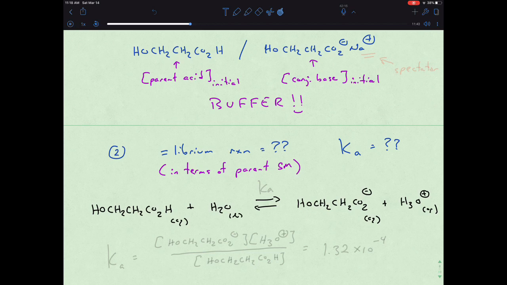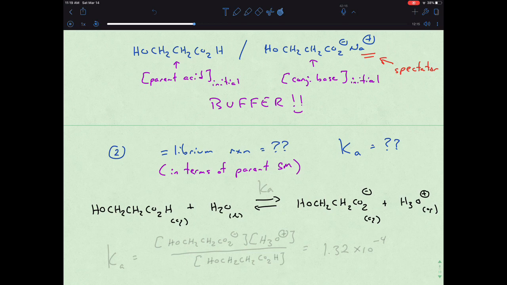Remember here that the sodium is really just a spectator ion. It's not doing anything in terms of pH. It's just along for the ride. Since it doesn't make a new bond with another molecule, it's just in solution. It's inconsequential and not part of that equilibrium process.